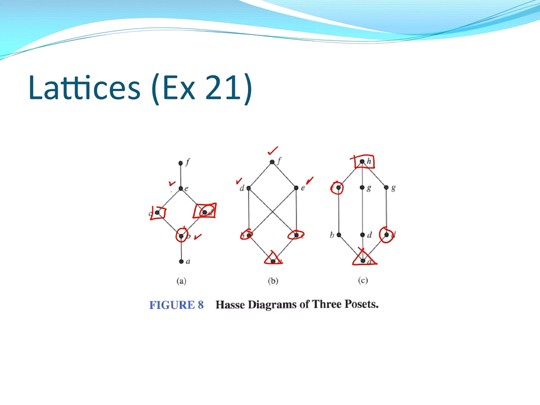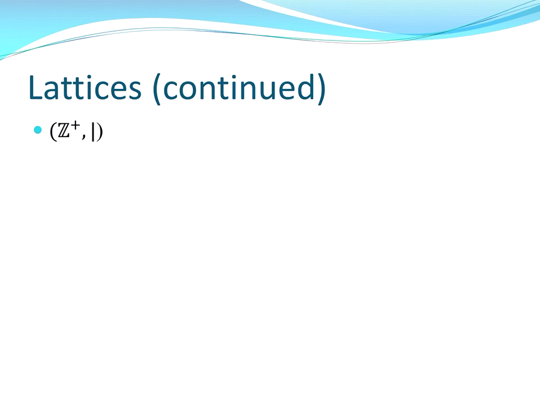Let's look at some more examples. The set of positive integers and the divides relation. Is it a lattice? Well, for every pair of elements, is there an element in the set that is a least upper bound and a greatest lower bound?